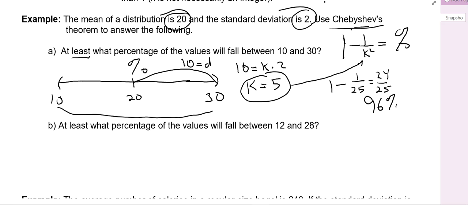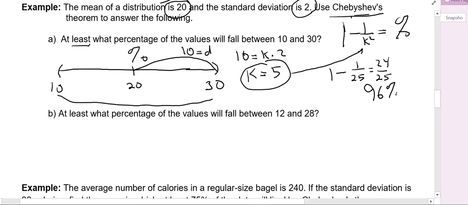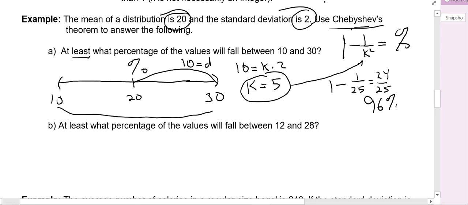Moving on to the next part of this problem. In this one, I want to find the percentage of data values that fall between 12 and 28. The mean, 20, is located here.